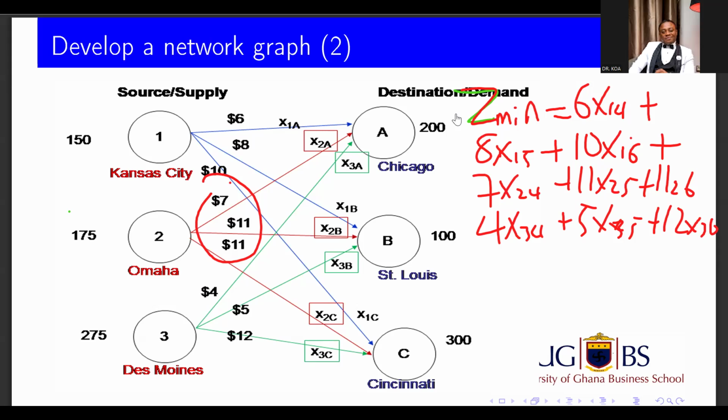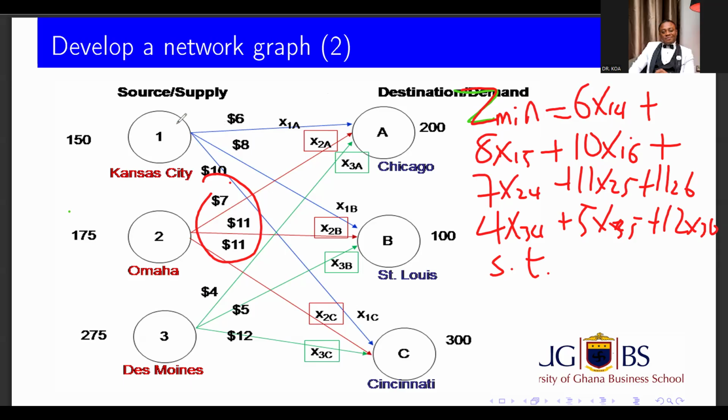Then you bring your subject to, and then you write a constraint. Now pay attention here. When it comes to the constraint, it's easy, but not easy. You have to look at the graph. That is why I keep saying that if the graph is wrong, you're going to be struggling. You have to look out for all the arcs that are leaving the first node.